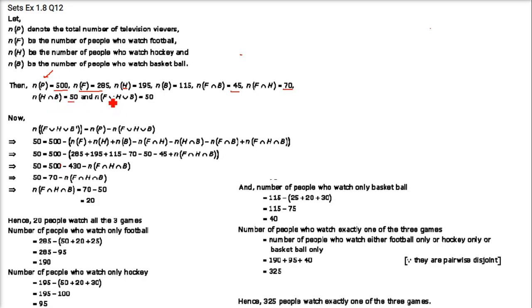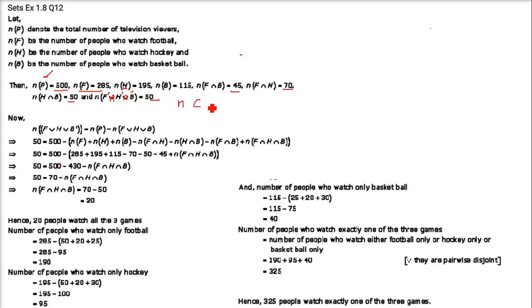This 50, this is very important. 50 do not watch any of the three games. When you are talking about not watching, this is N(F dash, H dash and B dash intersection).